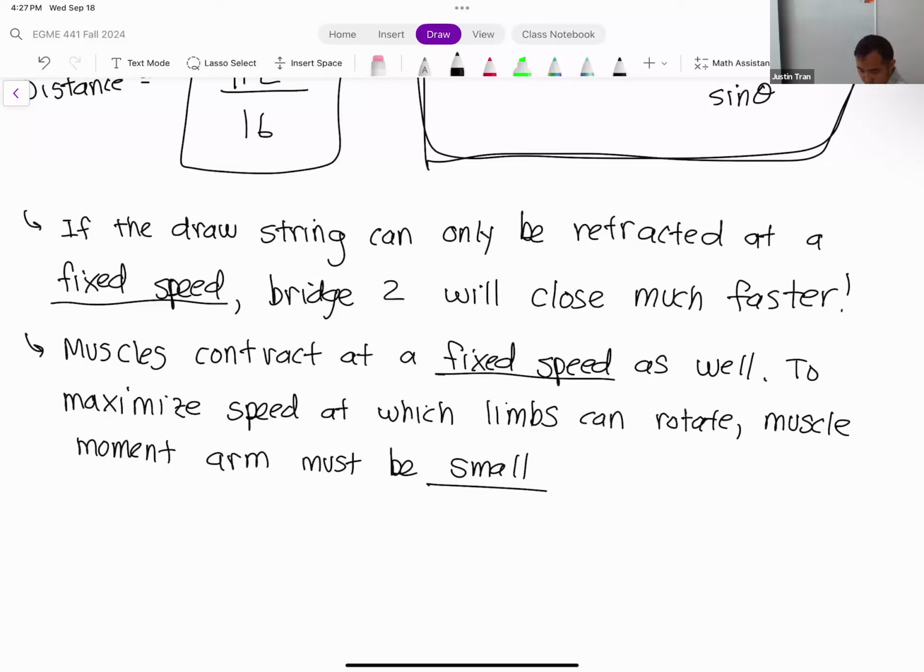So that's the main reason why your muscle moment arms are very small: to ensure that you can rotate your limbs quickly and respond quickly to certain situations. Okay. Any questions on this? All right. So that was a big detour from a relatively simple result. So let's do another example.